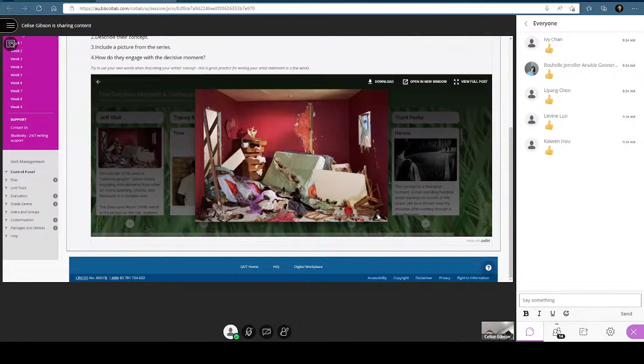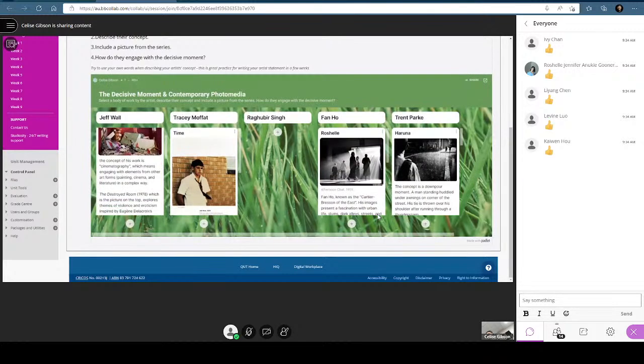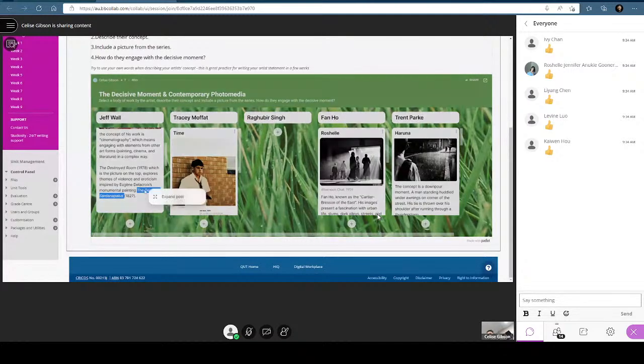So this work, The Destroyed Room, is actually a contemporary reimagining of this painting called The Death of, and my Greek is not very good, so I can't remember. I'll try to say this. Sardanapoulos, I'm not sure. Can't say it.